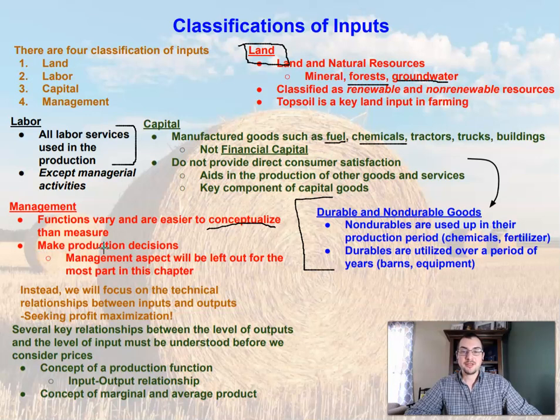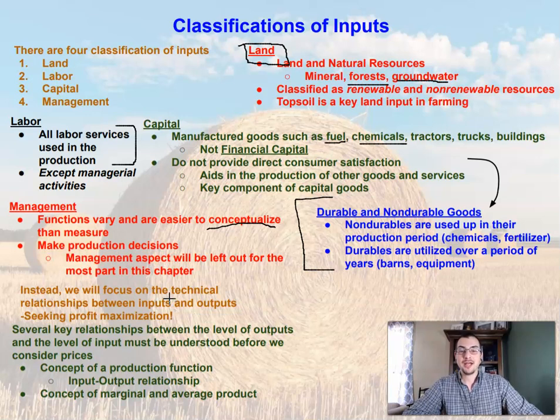But this management, they make those production decisions. And because it's not as easy to measure, we're actually going to leave the management aspect out for the majority of this chapter. We understand it's an important aspect, but from this input standpoint, from the theoretical aspect of trying to find the maximum amount of production or the profit maximizing area, we're going to go ahead and leave it out of this chapter.